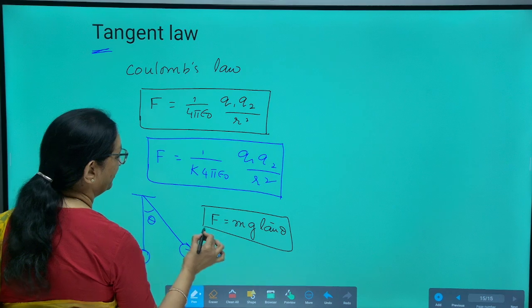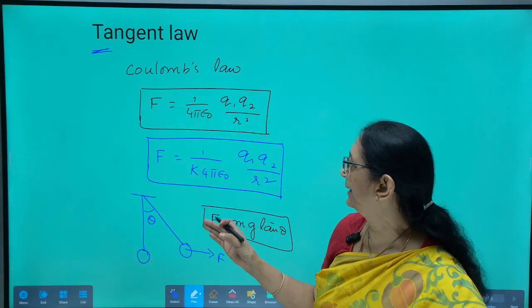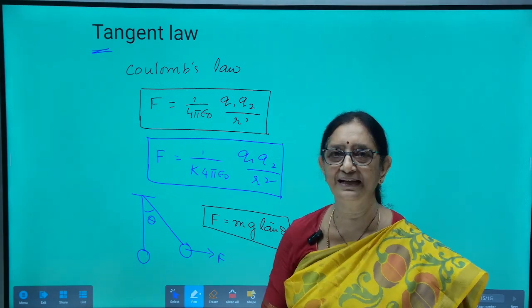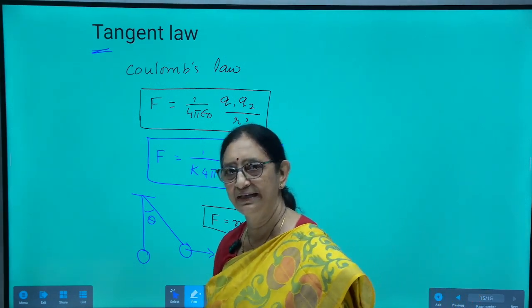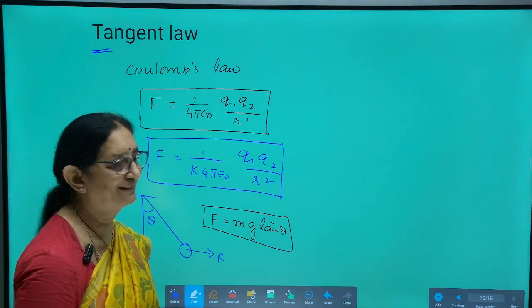So, this we know pretty well from the concept of vectors. When a simple pendulum of bob mass m is pulled aside through an angle theta by a horizontal force F, then F is equal to mg tan theta.